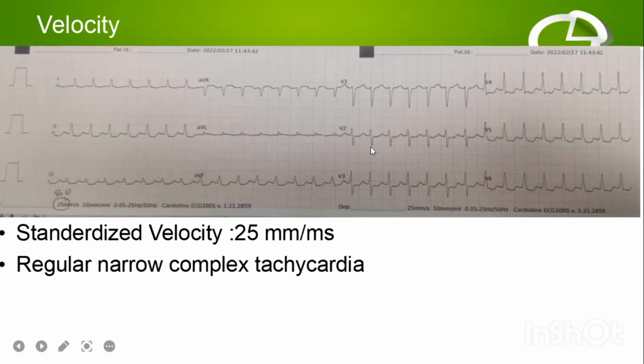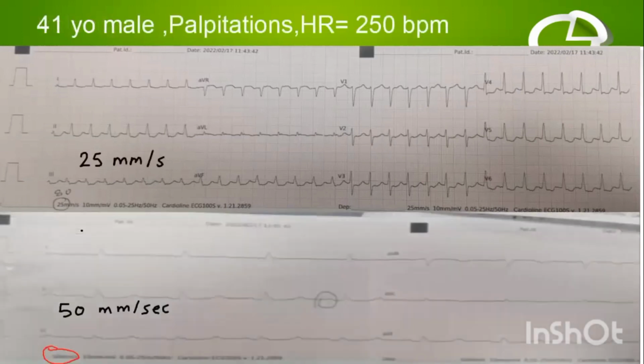It is T wave also, but if we want to see P wave here, we can change the velocity from 25 millimeters to 50 millimeters, like here. In this ECG, we changed the velocity of the same patient from 25 to 50 millimeters. And here we can find P wave. This is P wave, and T wave.